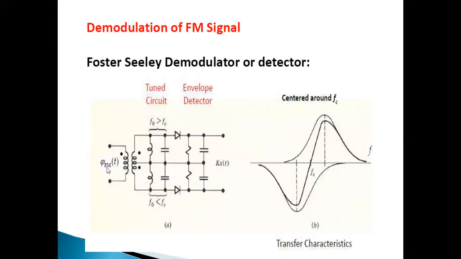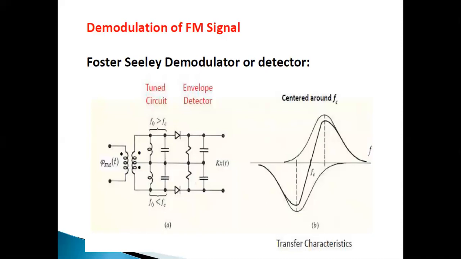Whenever the signal is processed with negative polarity, the condition is the reverse of this. That is, F0 is less than FC. That means the resonant frequency of the FM signal is lower than the carrier frequency.